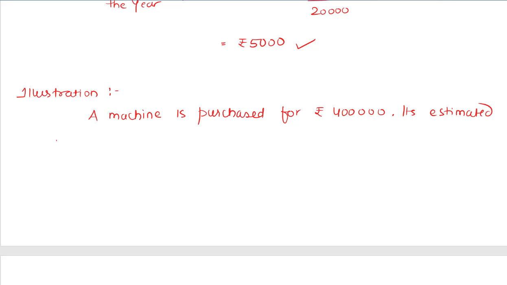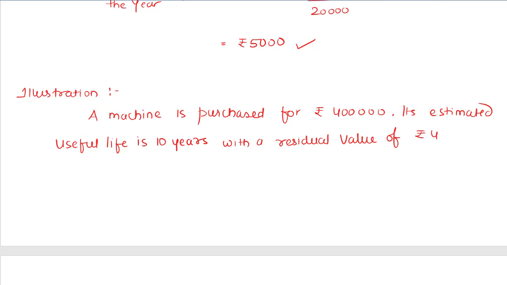Its estimated useful life is 10 years, with a residual value of rupee 40,000.